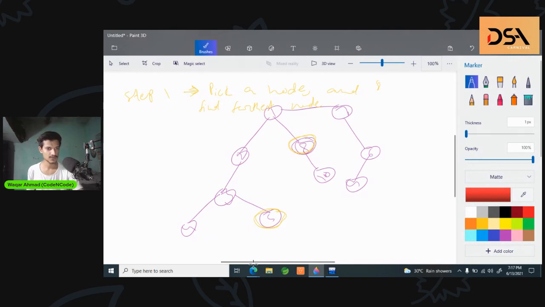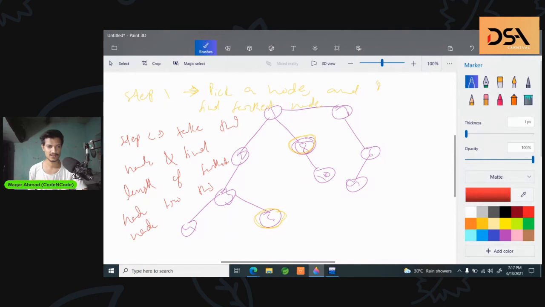Okay, so step 2: take that node and find the length of the farthest node from this node. I know this is not readable, but okay.